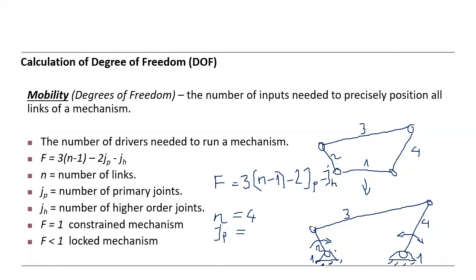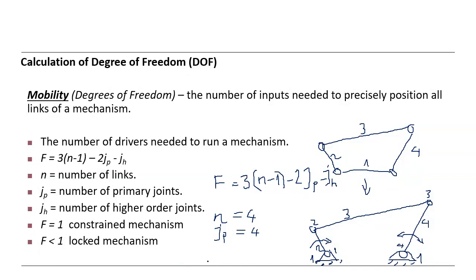We have 1, 2, 3, and 4 joints, so 4. Do we have a higher order joint? No, we only have joints with 1 degree of freedom, revolute joints.